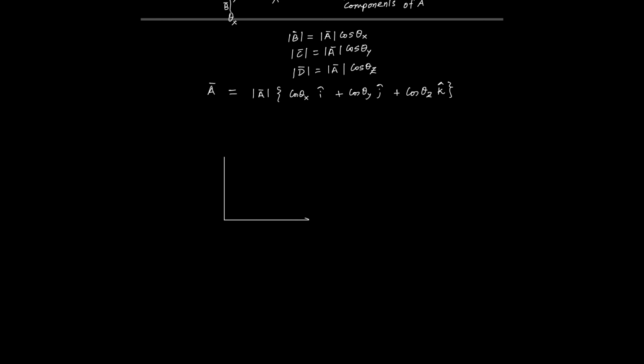And we have x direction, we have y direction, and we have z direction. So this is B vector, that is mod A cos theta x. Parallel to y is a C vector, which was mod A cos theta y.